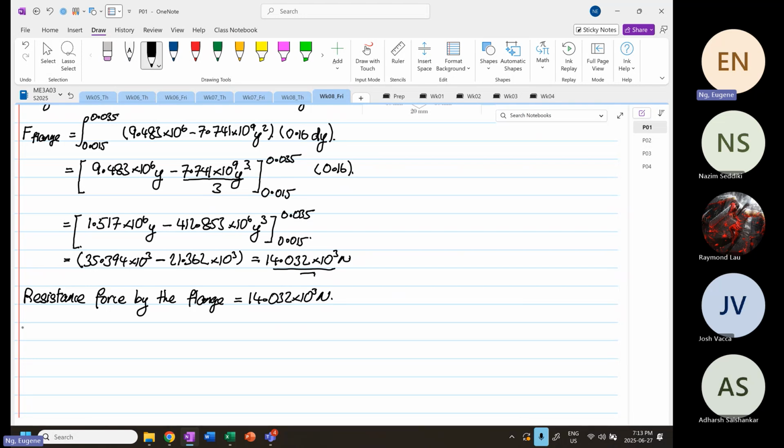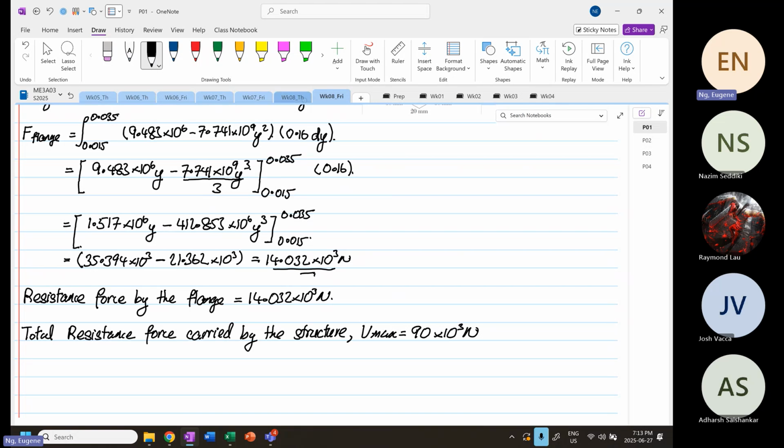So the total resistance force carried by the structure is equal to your Vmax, and this is equal to 90 times 10 to the power 3 Newton.